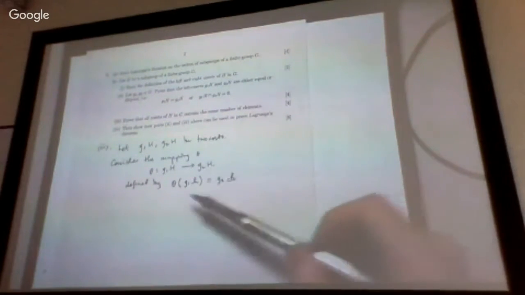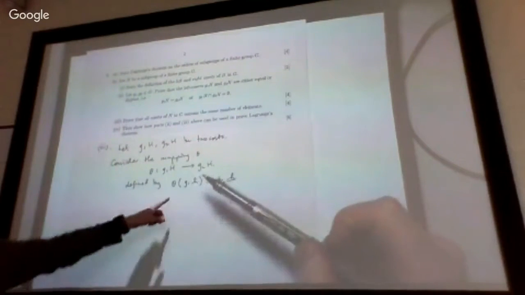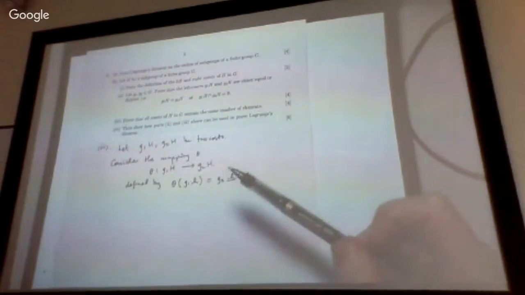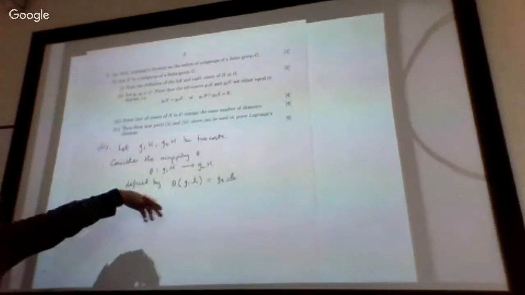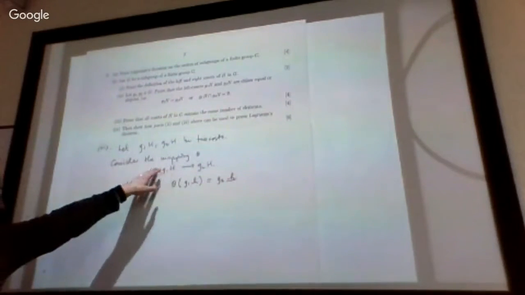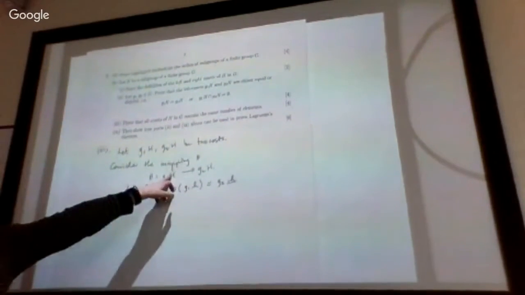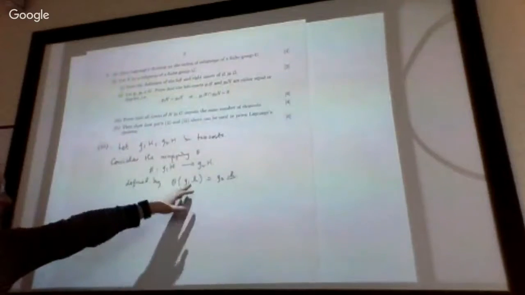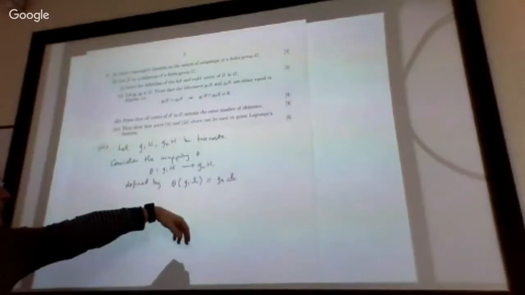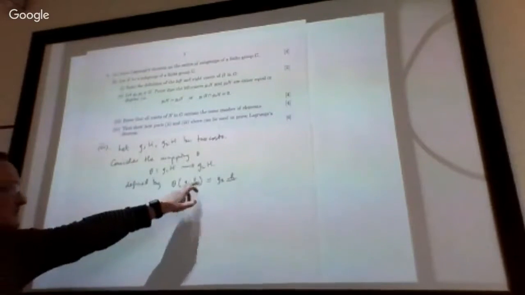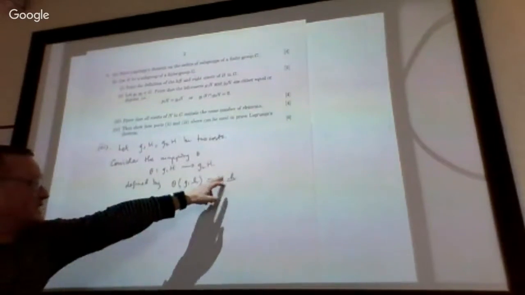Okay, so let me just complete my version. The way I'm laying it out here is I say we need to define what theta is on a typical element from the domain. So I'm saying that a typical element of the domain is of the form g1h, for some little h, and I'm simply going to map that to the element g2h.